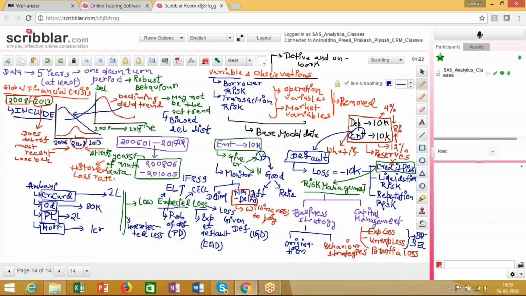Therefore, since we are developing the PD models at a portfolio level, it is very important to understand the product portfolio on which the model is developed, or what are the different portfolios that Basel has. How does Basel define a banking portfolio?